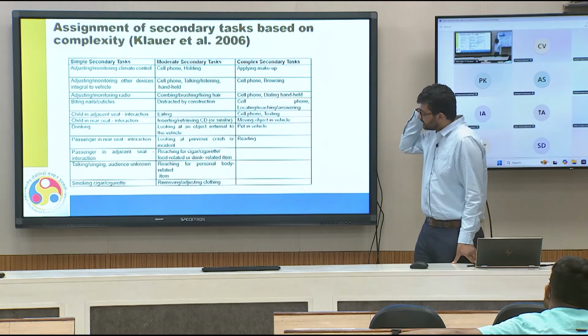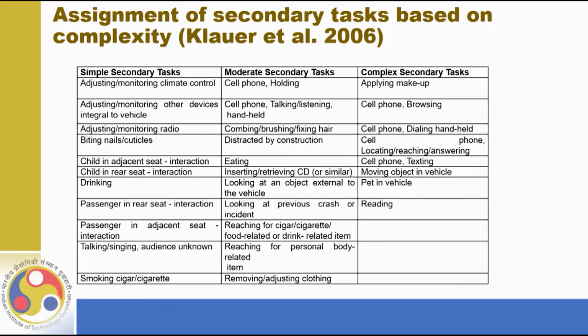Then we categorized all these secondary tasks in a different manner. All these different tasks that we talked about require different complexity. Let us say you are talking on the phone and driving: you still have one focus on the road.